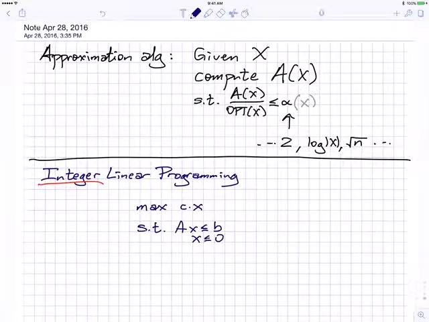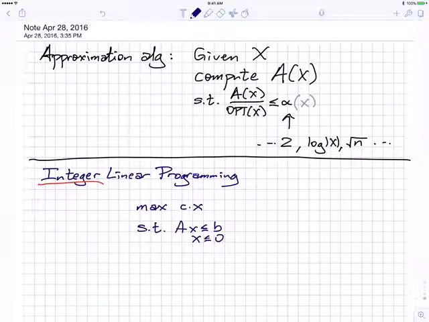something that looks like this. So I have an unknown vector x that I want to compute, and I want to compute the best possible vector, where the value of a vector is its dot product with some other vector c that I know that's encoded in the problem, subject to a bunch of linear inequalities, which with a little bit of symbol manipulation I can always rewrite into the form that if I take this matrix A, which again is defined by the problem, and compute its product with the vector x, I get another vector.